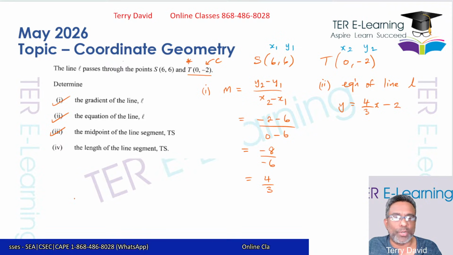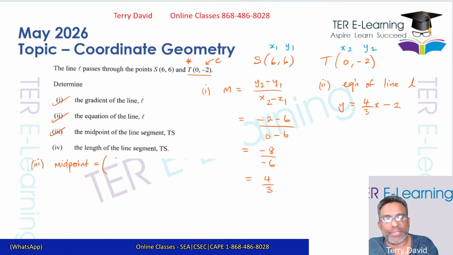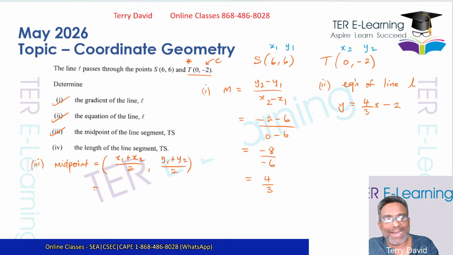The third part, we want to work out the midpoint of the line TS. So midpoint has a formula. So midpoint formula is simply x1 plus x2 over 2, y1 plus y2 all over 2. So you're going to add the two x coordinates.